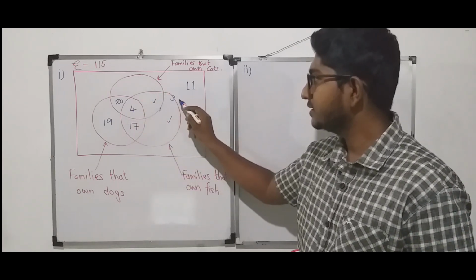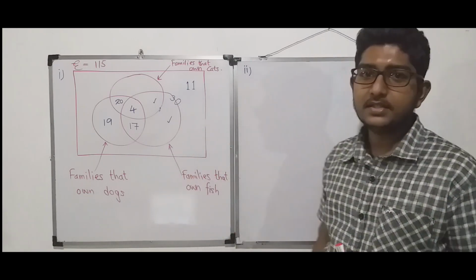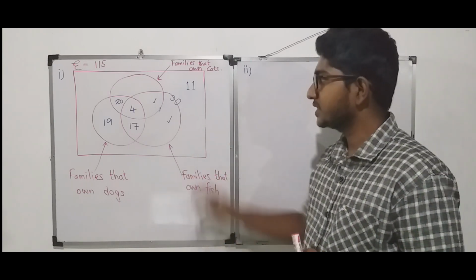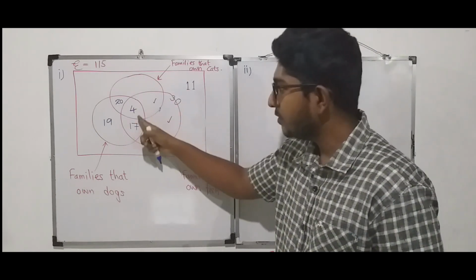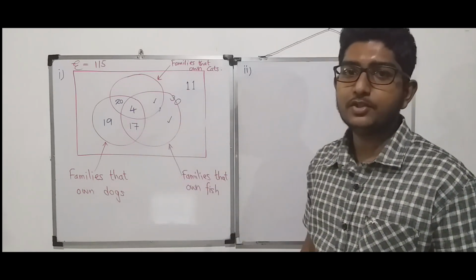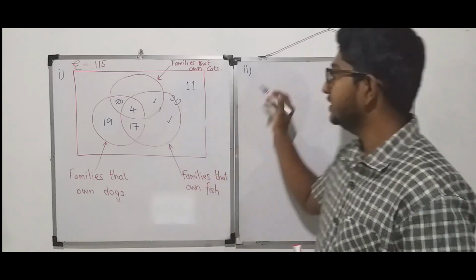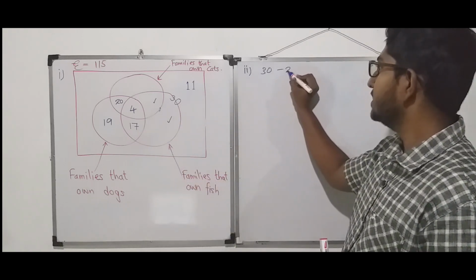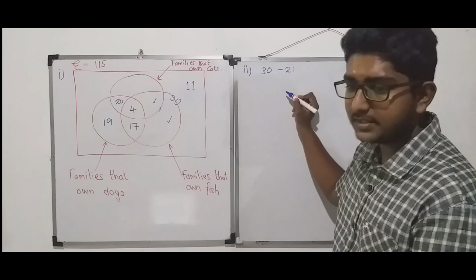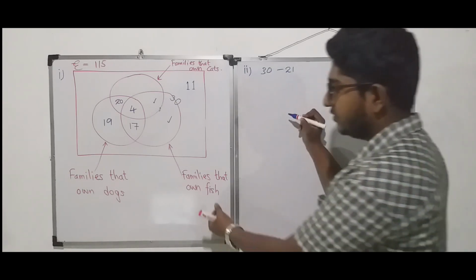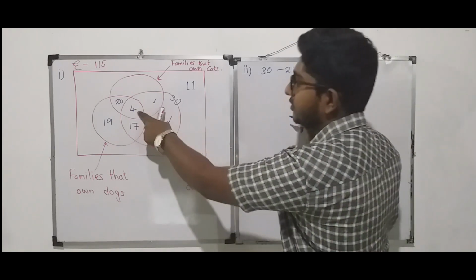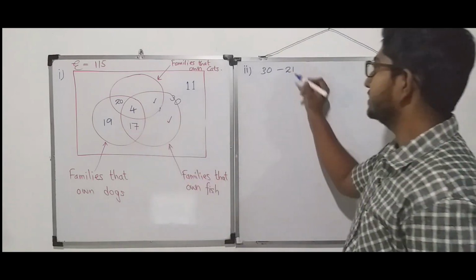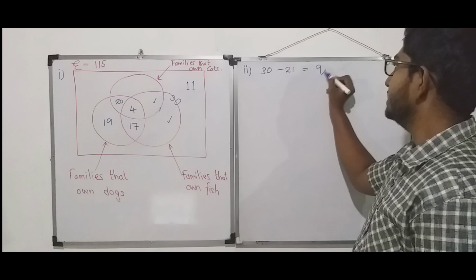That means this circle must have 30 families, because 30 times 2 is 60. From that 30, 4 plus 17, 21 families have dogs. But they are asking for the families which have fish but not dogs. From this 30 we have to subtract these two since they have dogs. So the value is 9.